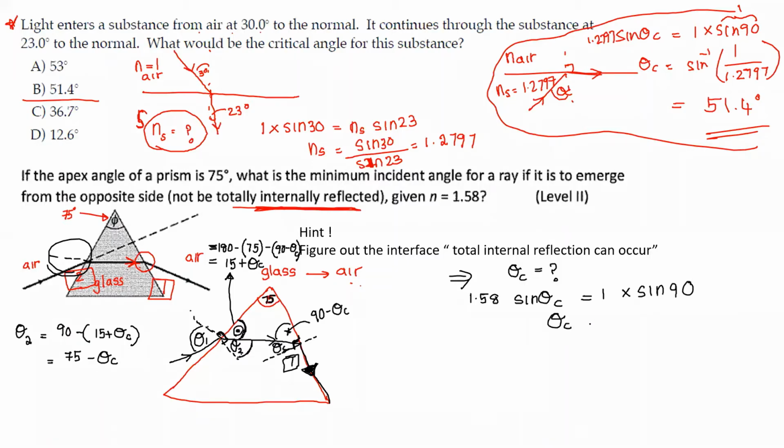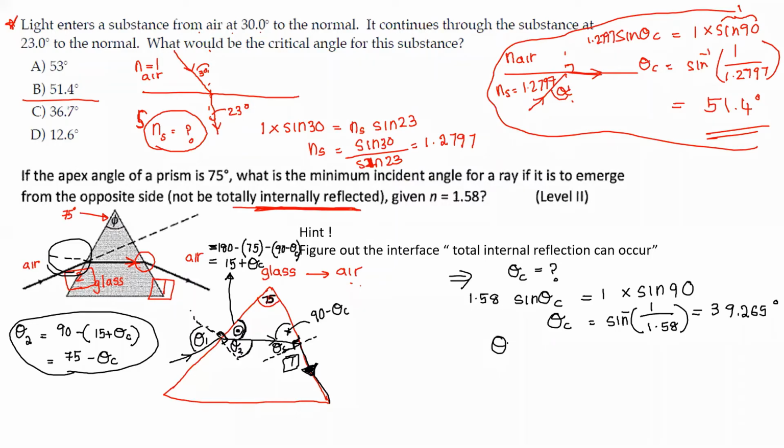From this I get theta c. I think most of you got this part right. I got theta c as 39.265.